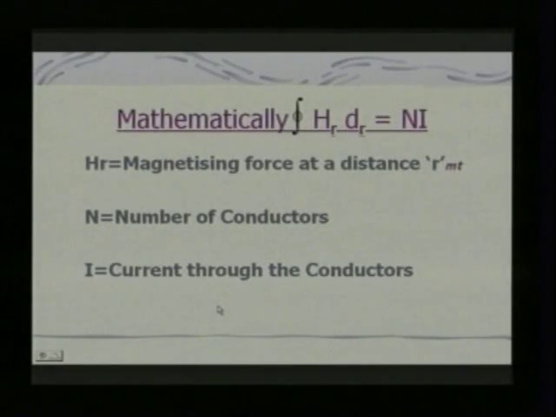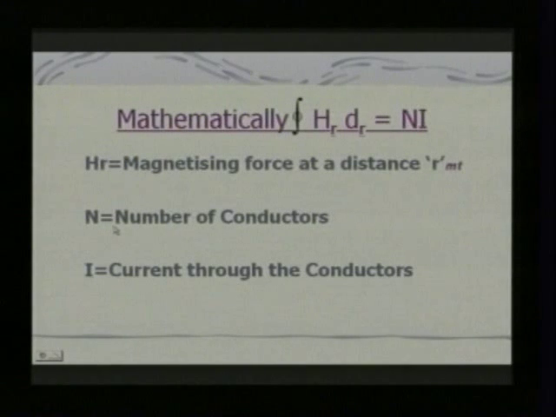Now, if we say mathematically, the work law: closed integral of H_r dr is equal to N I, where H_r is the magnetizing force at a distance of r meters from the conductor.